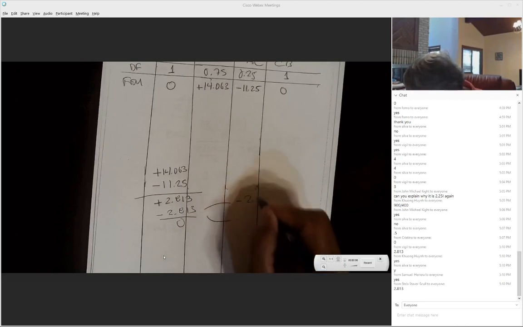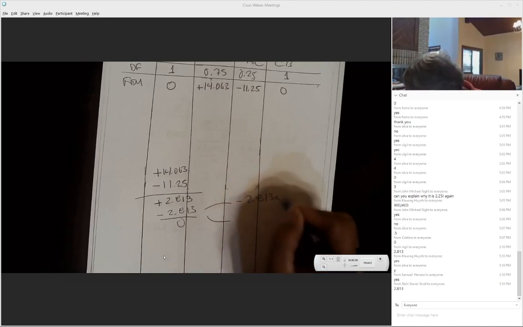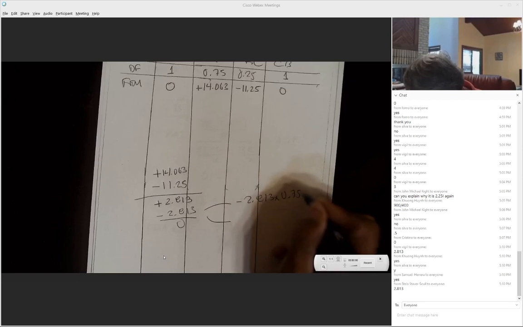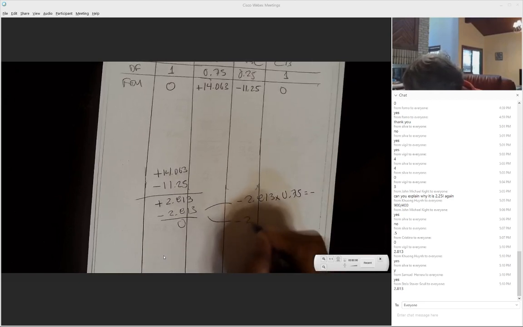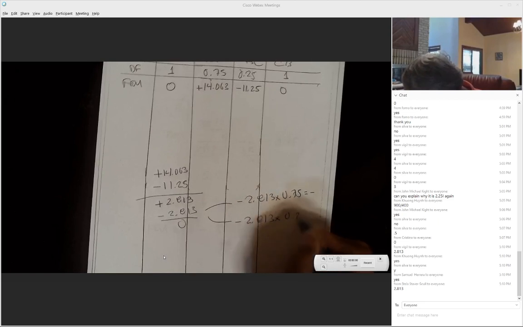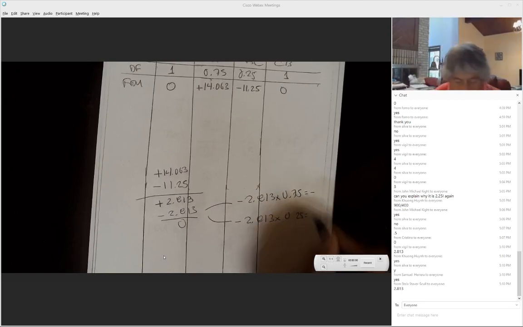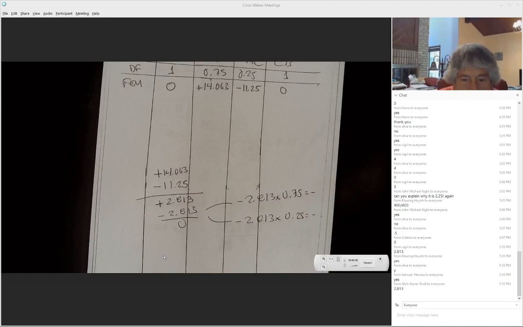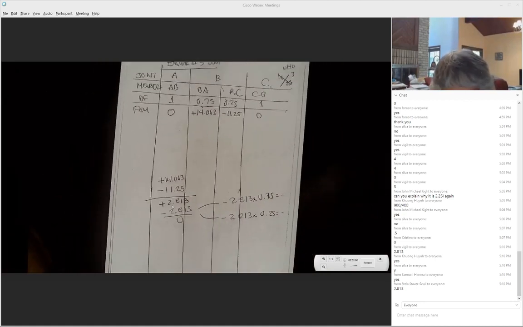Minus 2.813 times 0.75, minus 2.813 times 0.25. To put it in equilibrium, I put an equal and opposite. 75% is going to go to BA and 25% to BC.